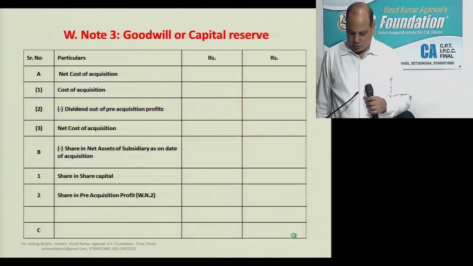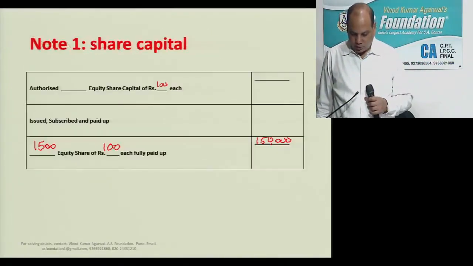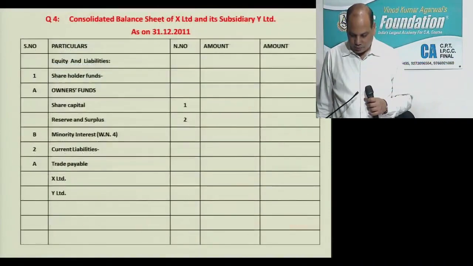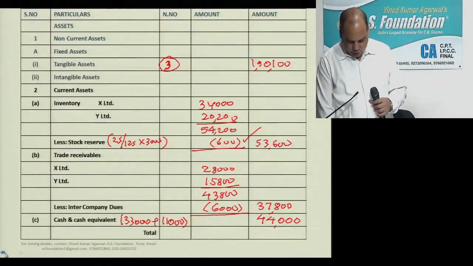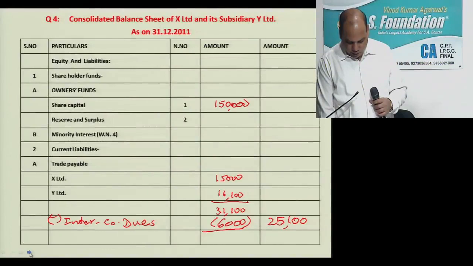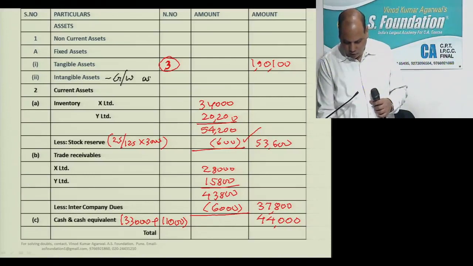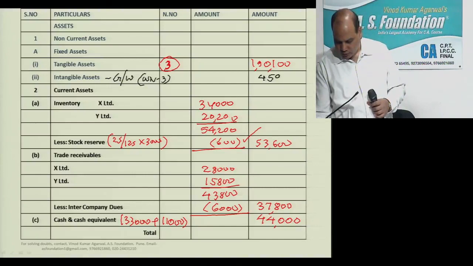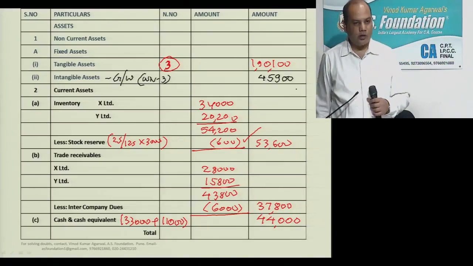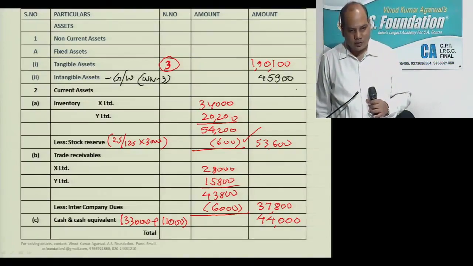Intangible asset. You have written intangible asset. Write goodwill. Working note number also write. Amount in outer column 45,900, like this. Everything is understandable.